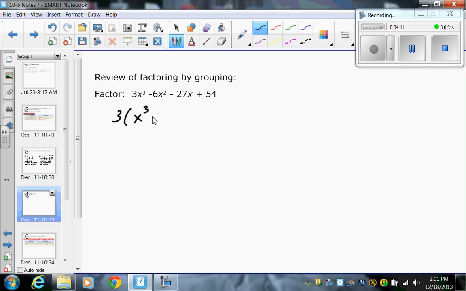So that leaves me with x to the 3rd minus 2x squared minus 9x plus 18.